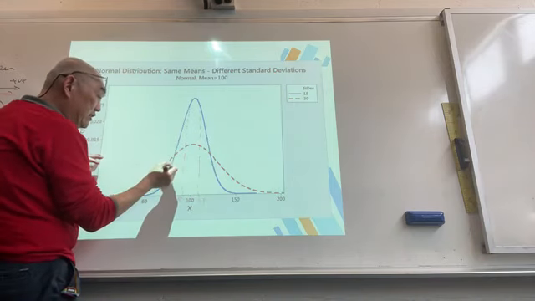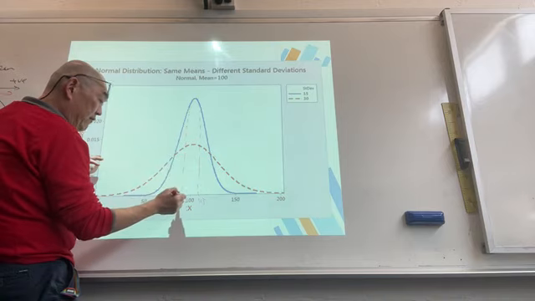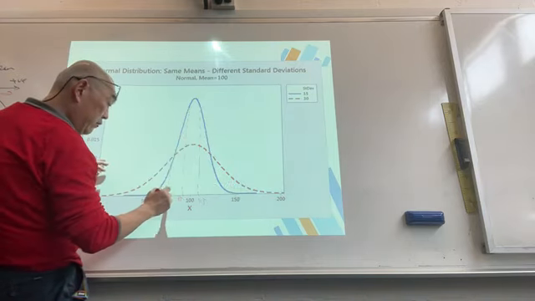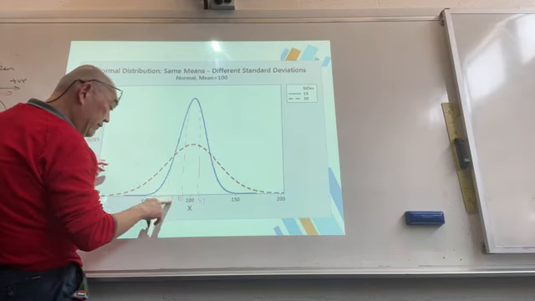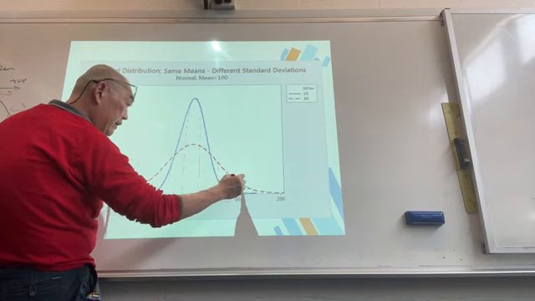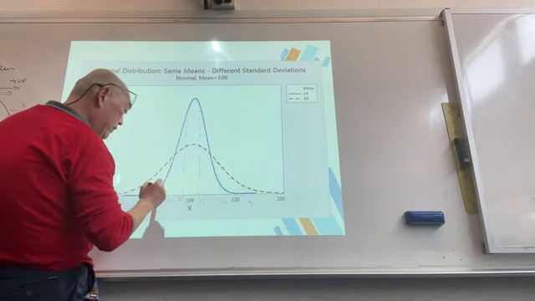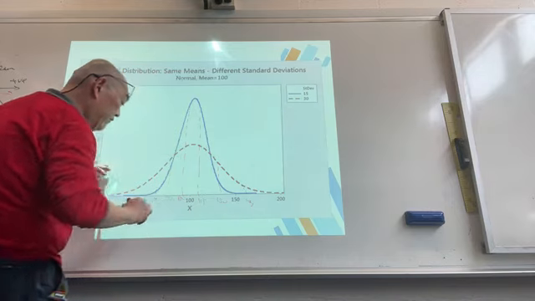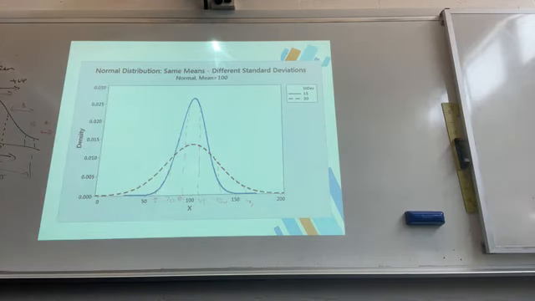Two standard deviations: 85 minus 15 is 70, and 115 plus 15 is 130. This will be 145, and this will be 70 minus 15, which is 55. All right? So you can see that it is closer.